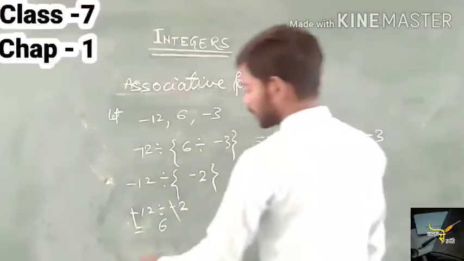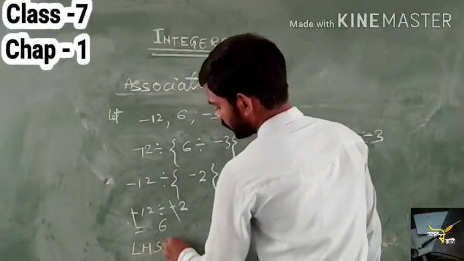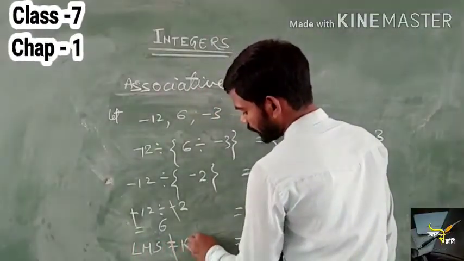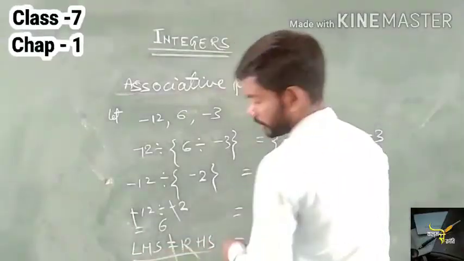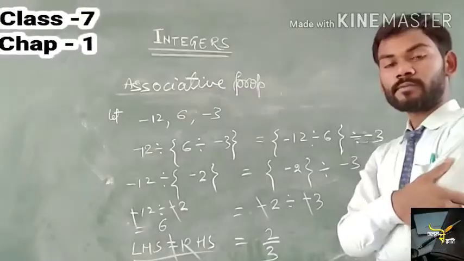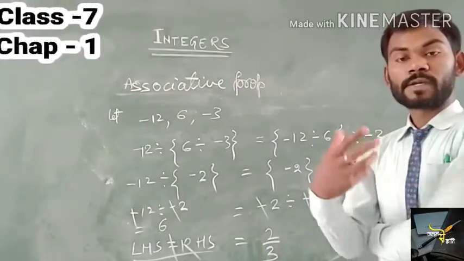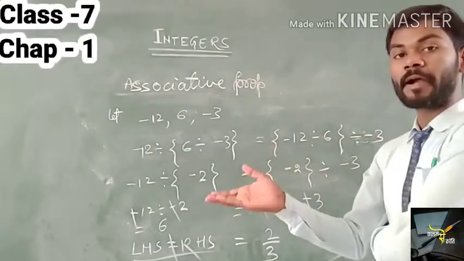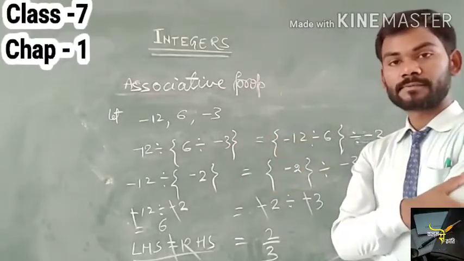So we can say that the left hand side is not equal to the right hand side, which shows that the associative property over division is not satisfied by integers.